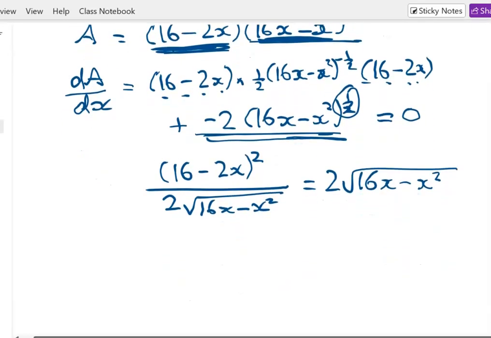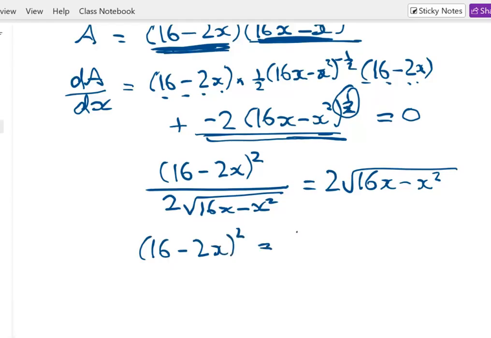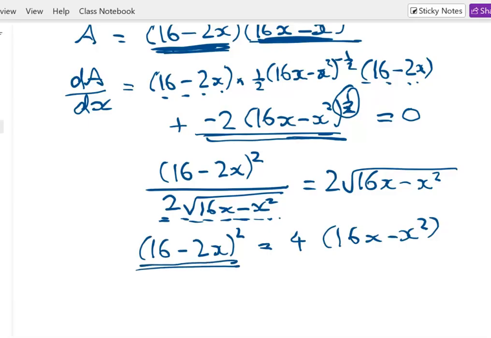Now, keeping on going with that, let's see what we get. Well, we've got 16 minus 2x squared is equal to 4 times 16x minus x squared, right? I'm getting that by just multiplying through by this side here. I'm going to pull out a common factor of 2 here, but it's 2 squared.